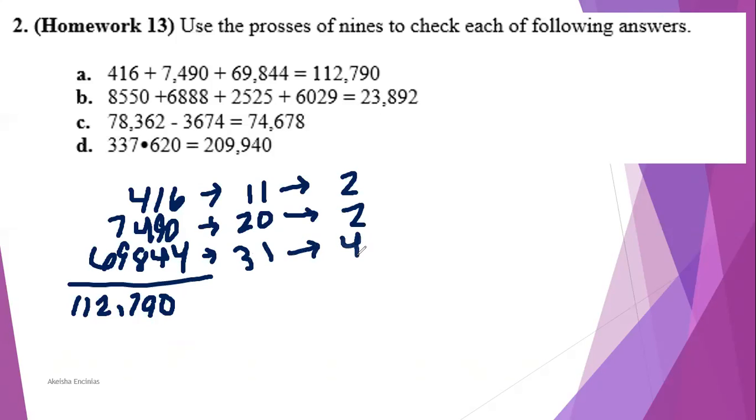And you're going to add these up and take the 9 out of that. So 2 plus 2 is 4, plus 4 is 8. So you can't take a 9 out of that, so it's just 8. So we have 1 plus 1 is 2, plus 2 is 4, plus 7 is 11. Plus 9 is 20.